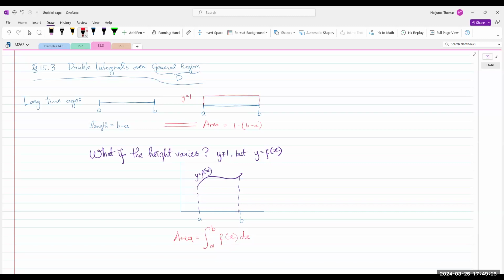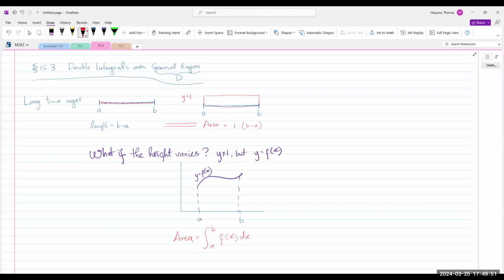So we start with the length, okay? If the density of every point on this line segment is uniform, is 1, then this length here is the same as the area of the rectangle with height 1.